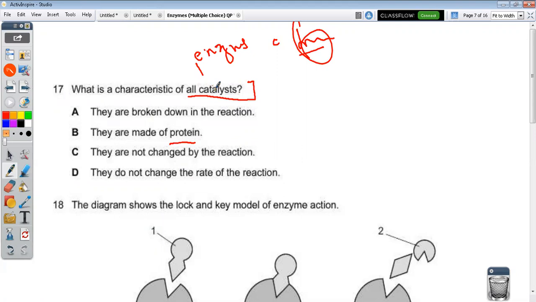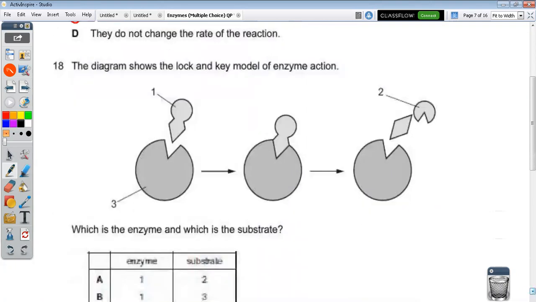So we have other catalysts that are metals. Clear? So they do not change. They are not changed by the reaction. They remain the same. Clear? Whether it's enzymes, whether it's metals, they are not changed by the reaction. We said they are not altered. That's true for all catalysts.